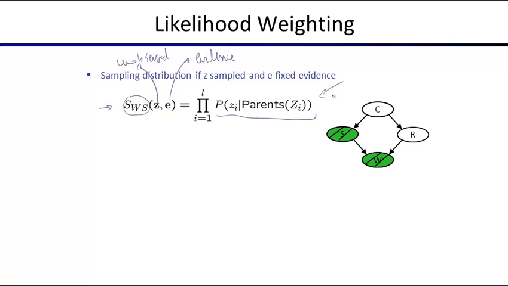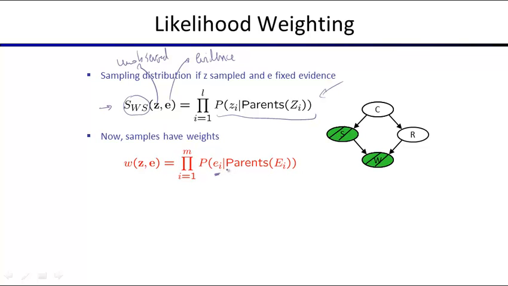So what we see is that the probability of generating a certain sample is not anymore the original distribution, it's a new distribution. It's a distribution where you only account for the conditional probability tables for the unobserved variables, not for the observed variables. We need to account for that. How do we counter that? Well, we now have weights. And the weights of a sample are the probability of the evidence variable E_i, given its parent variables, multiplied together over all evidence variables.